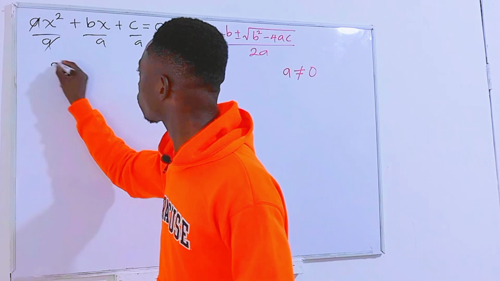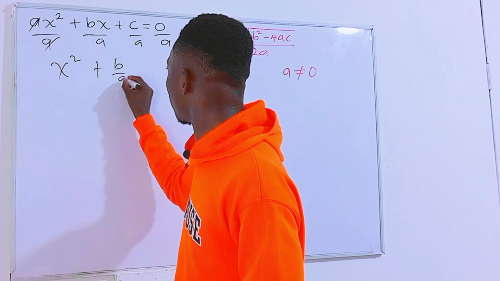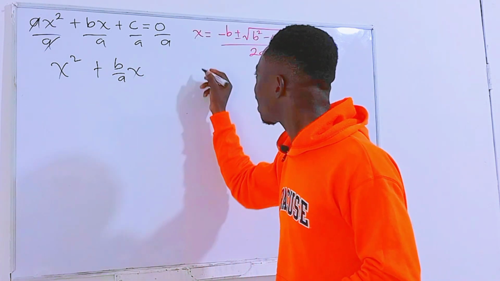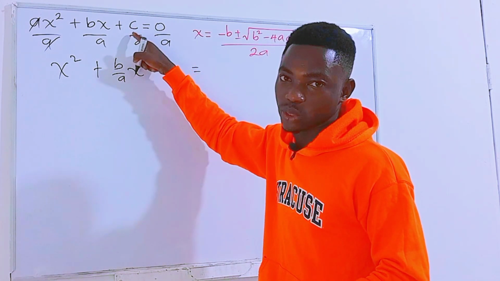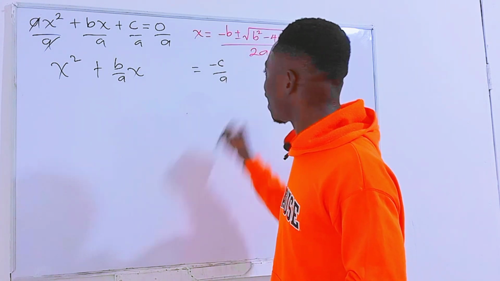Then here we'll be left with x squared plus b over a x. Then I'm going to leave a large space like this and then equate this one to what is here. So let's transpose c over a so that we get minus c over a.